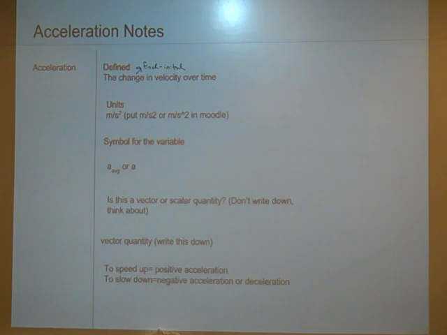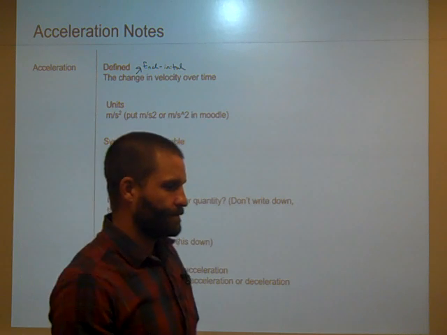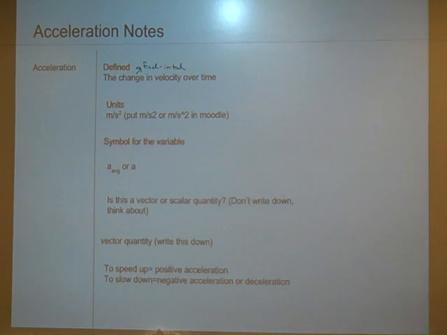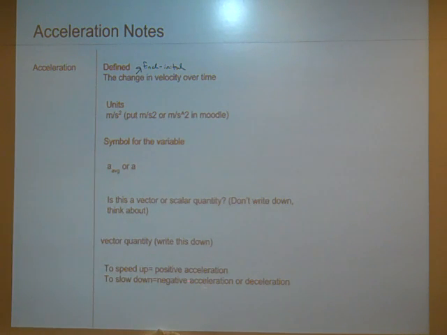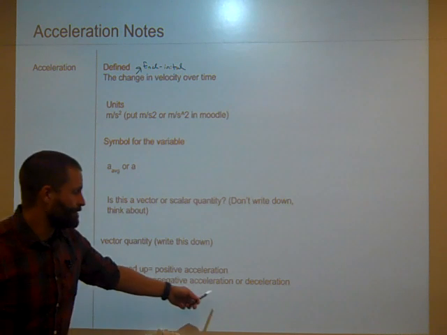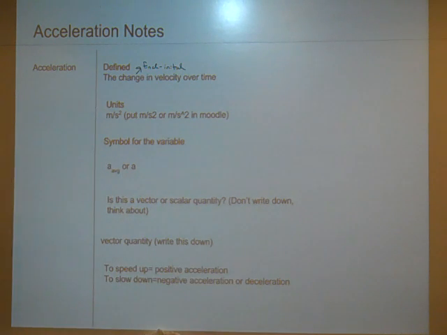So guys, if you are speeding up, you are going to have a positive acceleration. Because remember, it's final minus initial. If I'm going 10 miles an hour and I started at 0, my change is going to be positive, delta v. So if you have a positive acceleration, you're speeding up. This should make sense, guys. If you're slowing down, you should have a negative acceleration or deceleration.